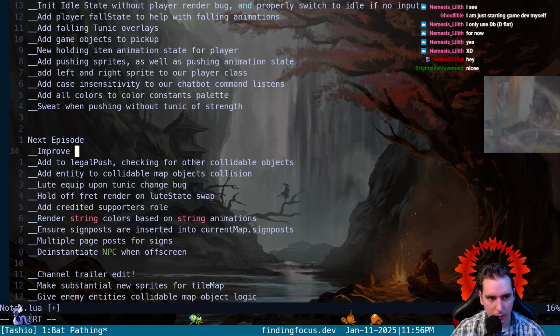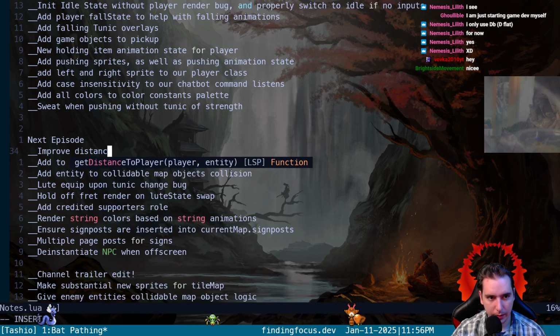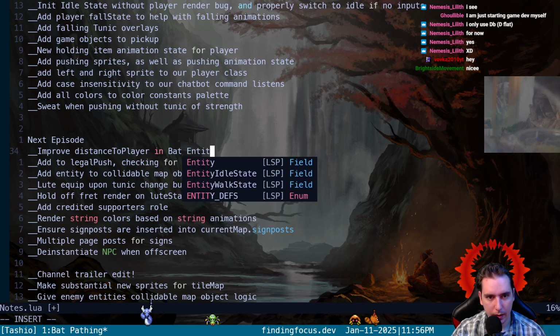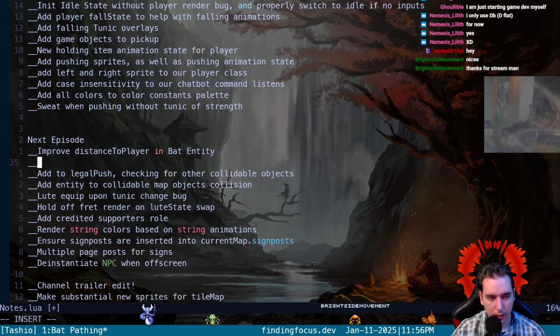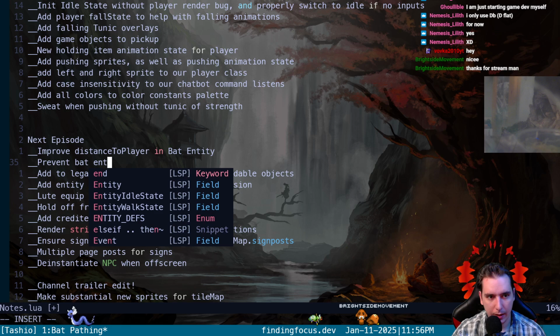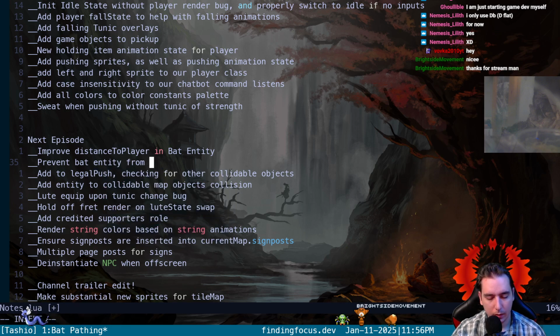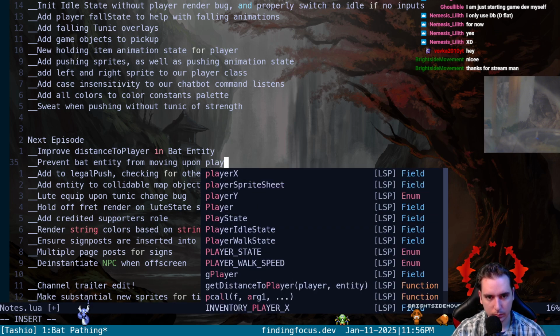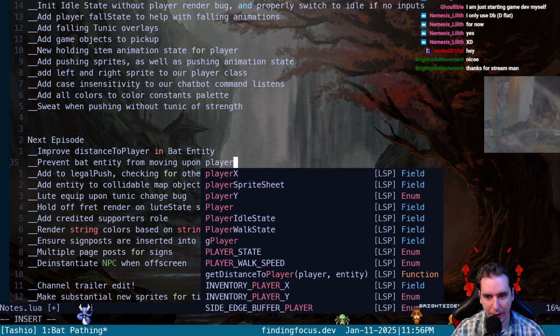Improve distance to player in bat entity, and then also prevent bat entities from moving upon player collision. Because we should get knocked back, the bat shouldn't be touched.